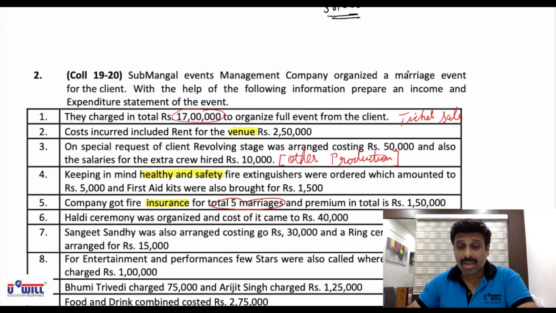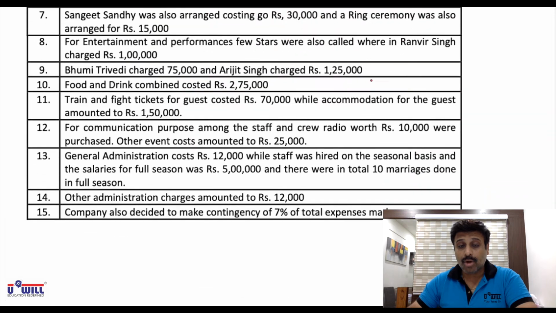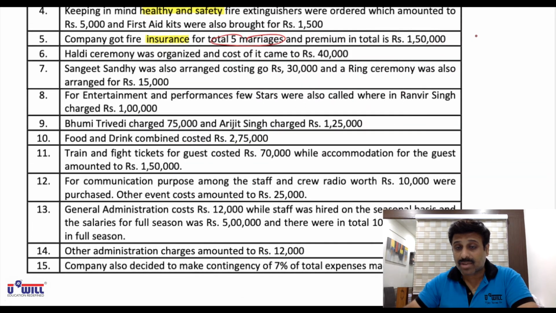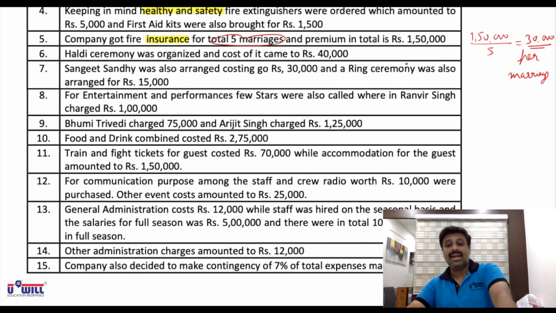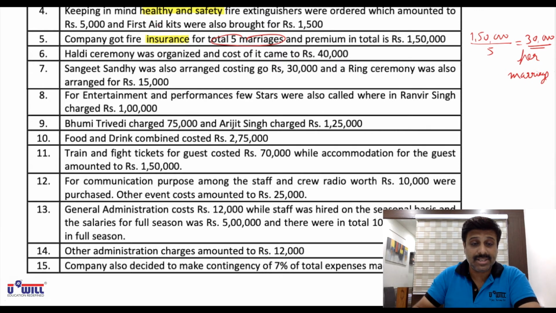Now this is only one marriage event. For a total of 5 marriages they have done insurance of 1,50,000. So in this event you'll record only 1,50,000 divided by 5, 30,000 per marriage. Okay, so in this event, you will record the insurance cost only 30,000. This event will bear the insurance premium of 30,000.